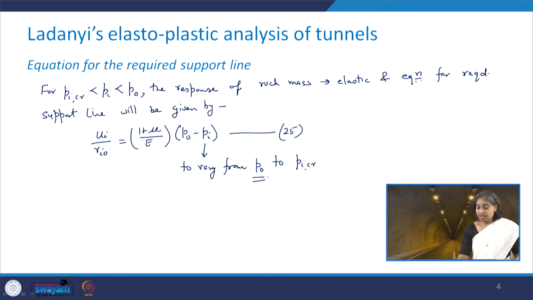After I explain this analysis, we will take up an example with the help of Excel and solve it, and there you will realize how we vary this Pi and how we carry out the various steps in the analysis.